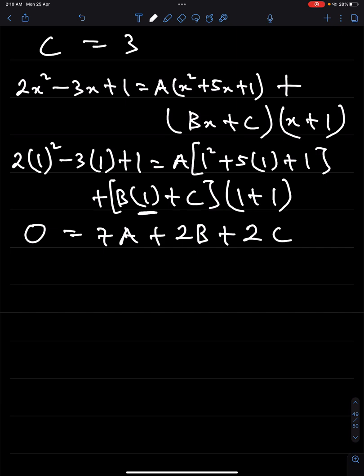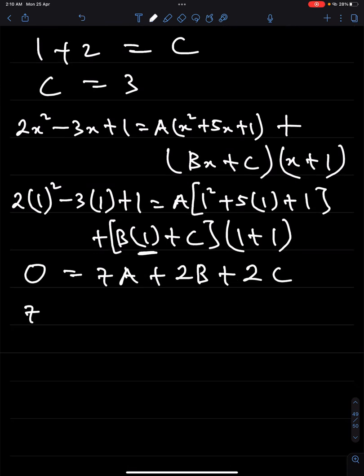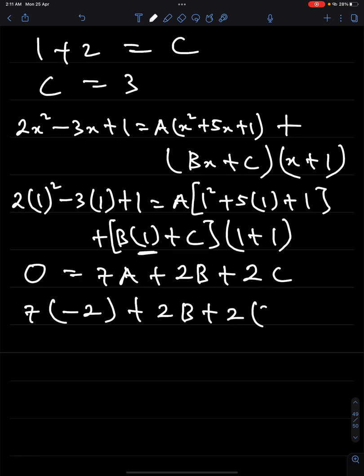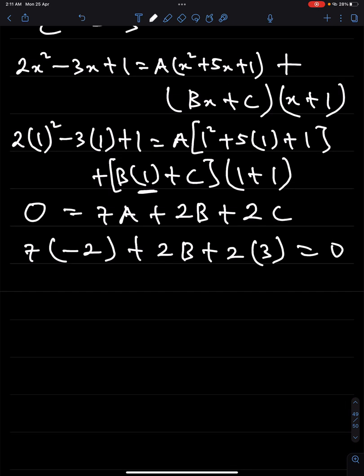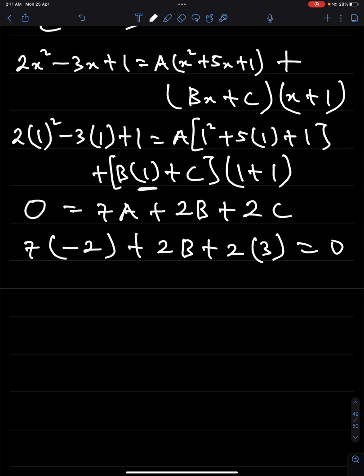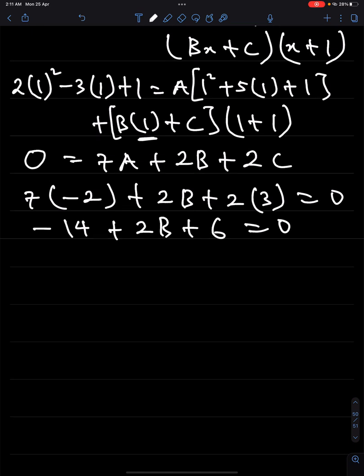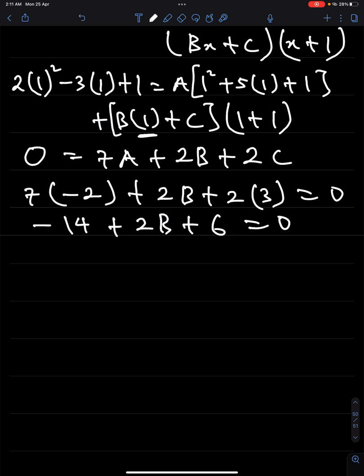Yes, so that simply means 7 times 7a. A, what's a? A is minus 2. That means 7 times minus 2 plus 2b plus 2 times c. C is 3 equals 0. And that means minus 14 plus 2b plus 6 equals 0, which means 2b minus 14 plus 6 is minus 8.